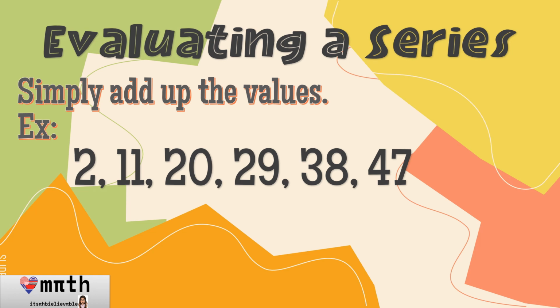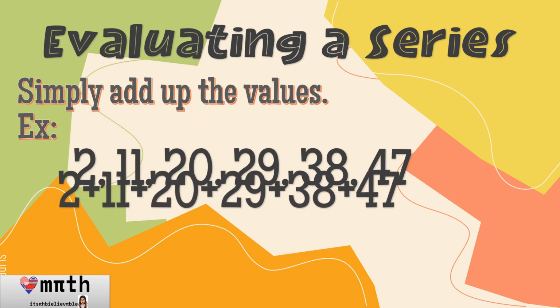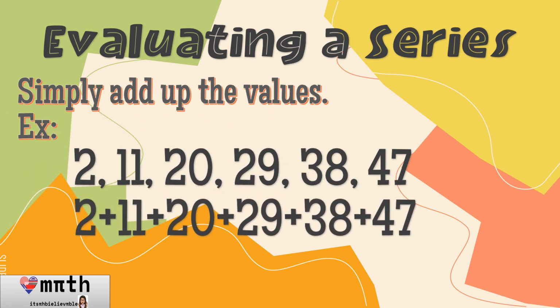In order for us to get the value of our arithmetic series, we just add up the terms: 2 plus 11 plus 20 plus 29 plus 38 plus 47. That would be equal to 147.